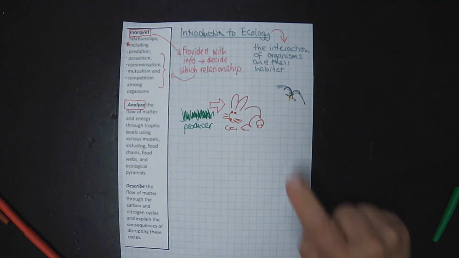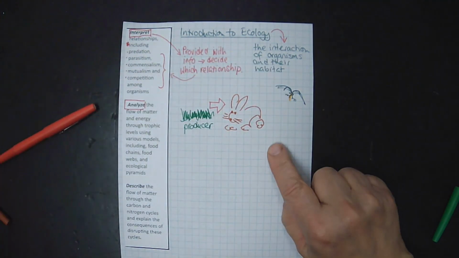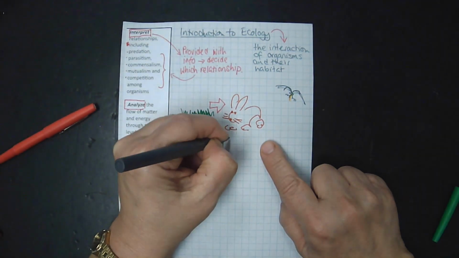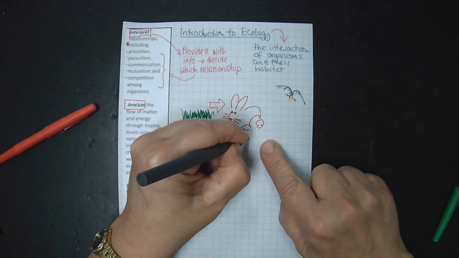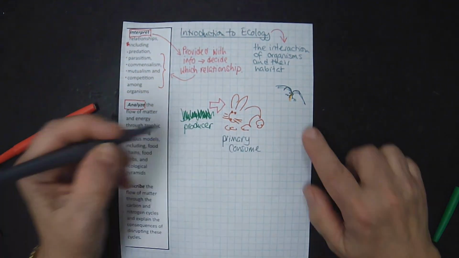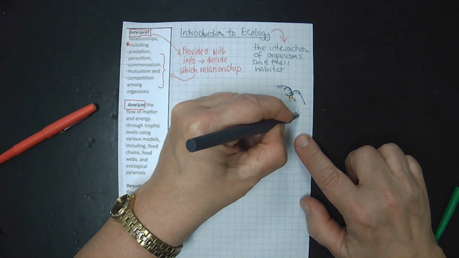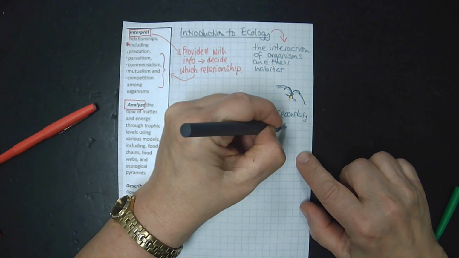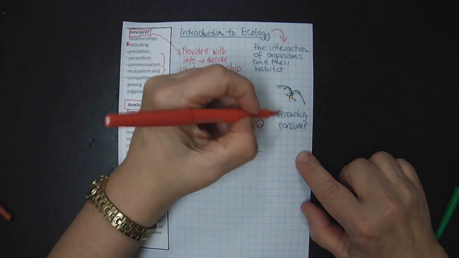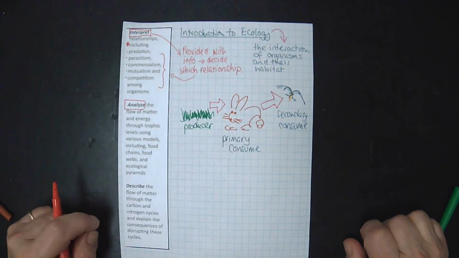It's going to see that rabbit and it's going to want to fly down and eat it. So we've got the producer, we've got the primary consumer, which is the bunny, and we have the secondary consumer, which is the hawk. And energy from the rabbit is going to get transferred to the hawk.